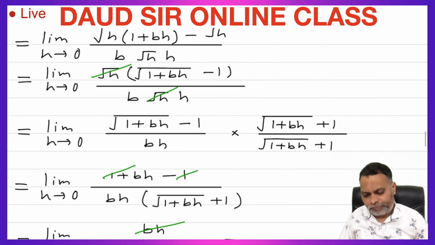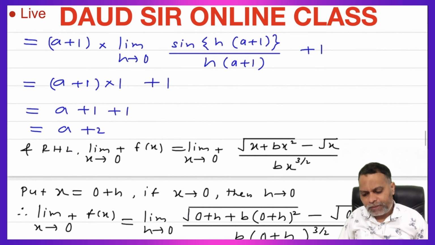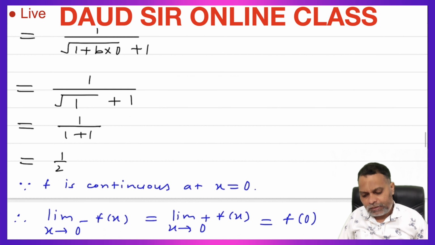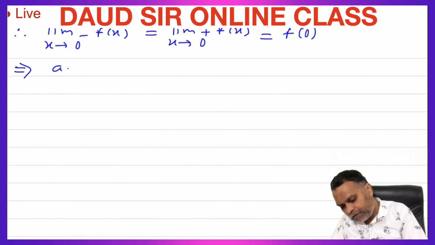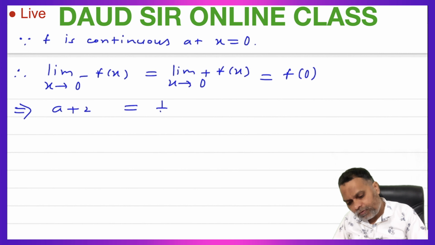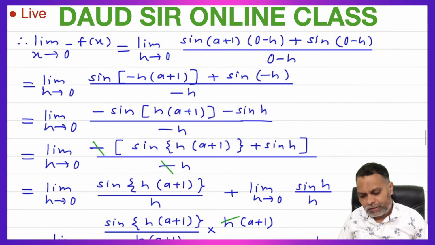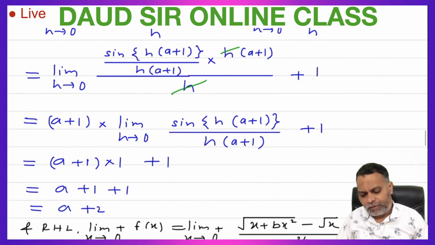Left hand limit is a plus 2, right hand limit is 1 upon 2, and f of 0 is equal to c.